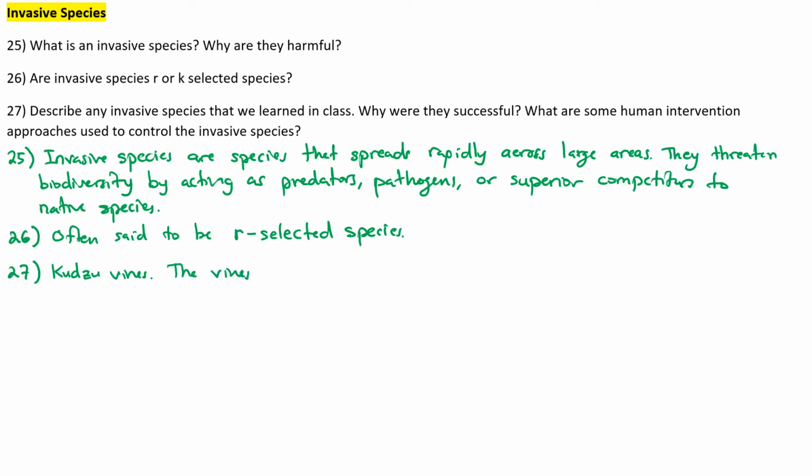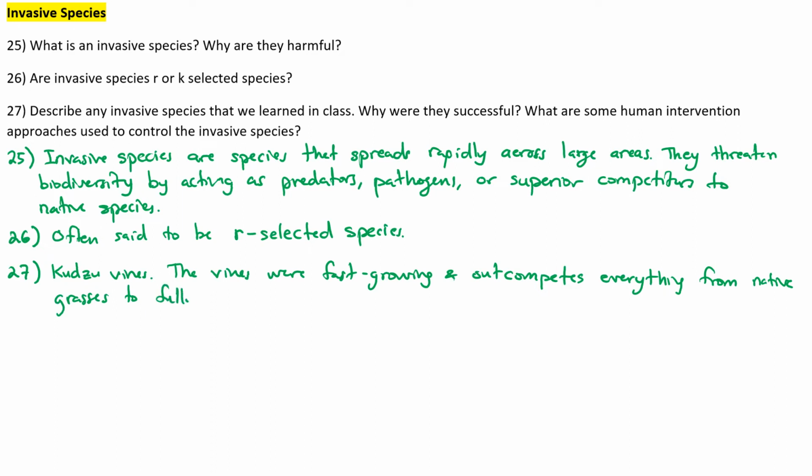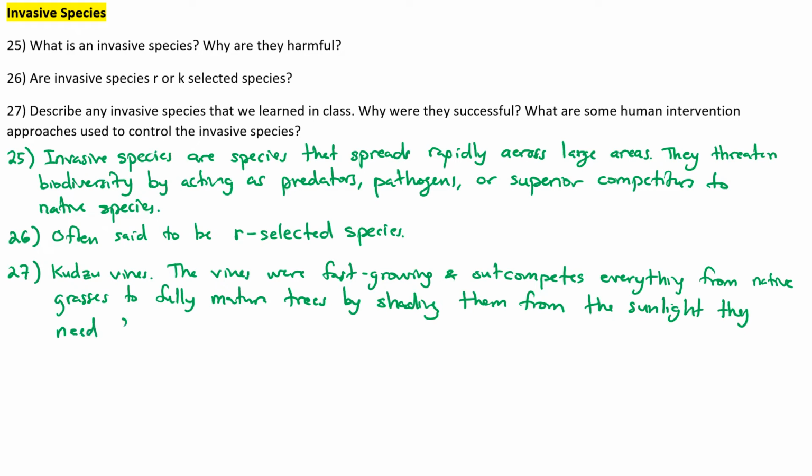The vines were fast growing and outcompete everything from native grasses to fully mature trees by shading them from the sunlight they need for photosynthesis.